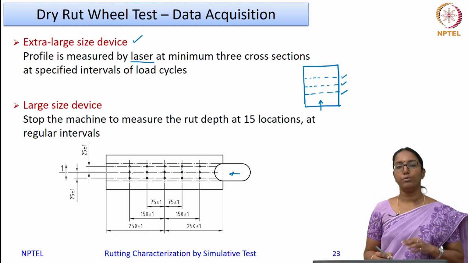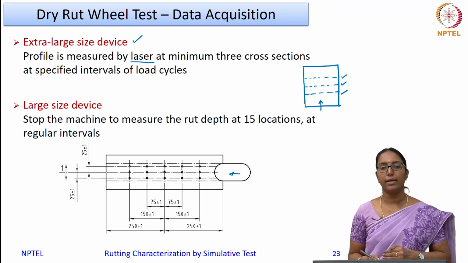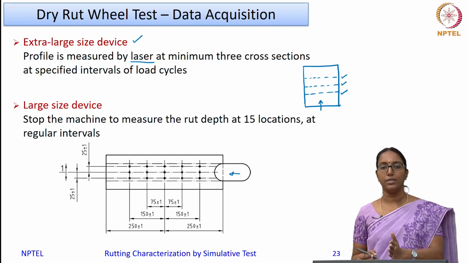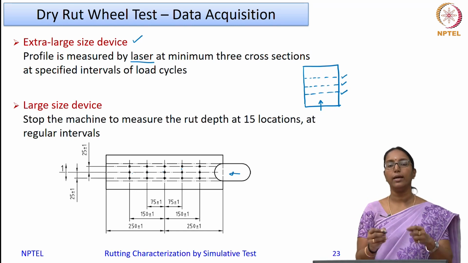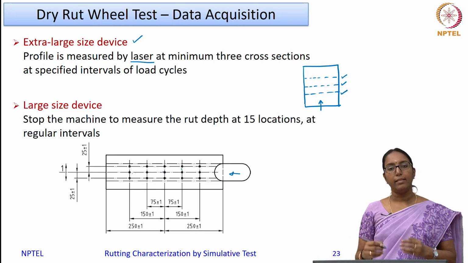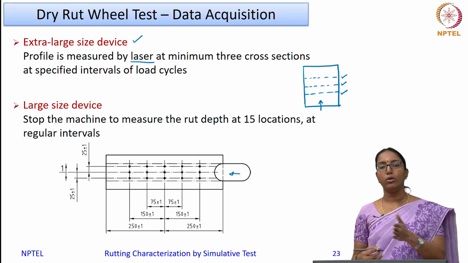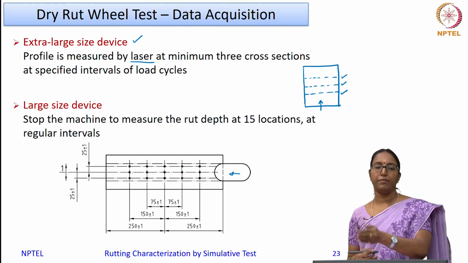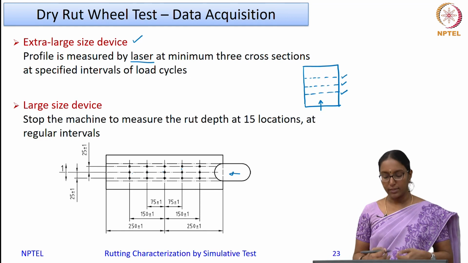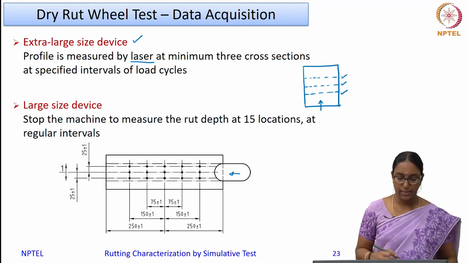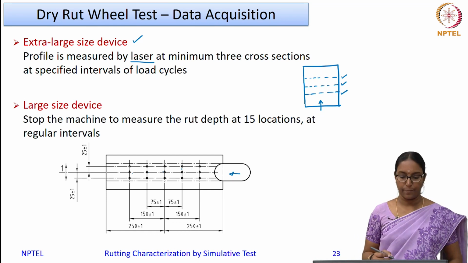Initially you take the measurement, and then after a specified number of load cycles, say 100 cycles, you stop the machine and take the measurements, then close the chamber and repeat the test. At regular intervals, after 100 you can go for 200, then 500, 1000 cycles of test, and take these measurements at these 15 locations. So, this is the case of a large size device.